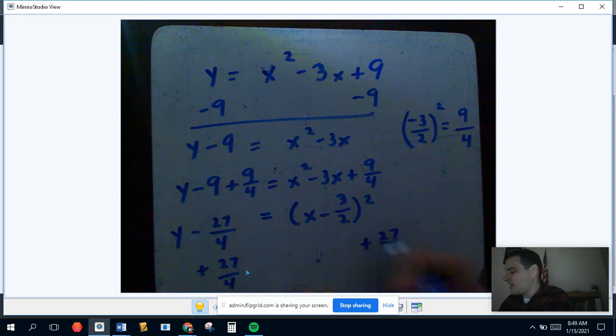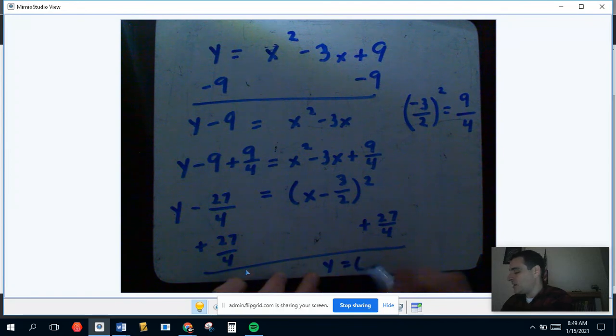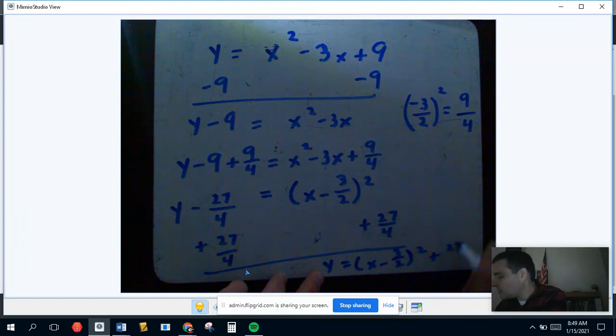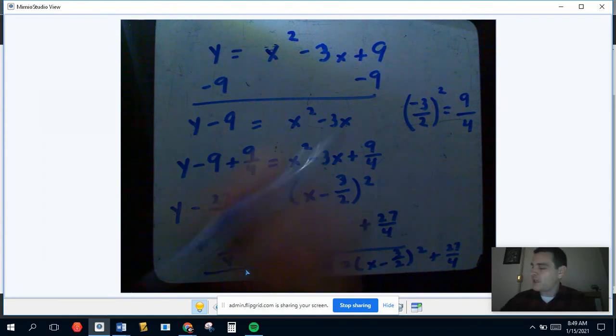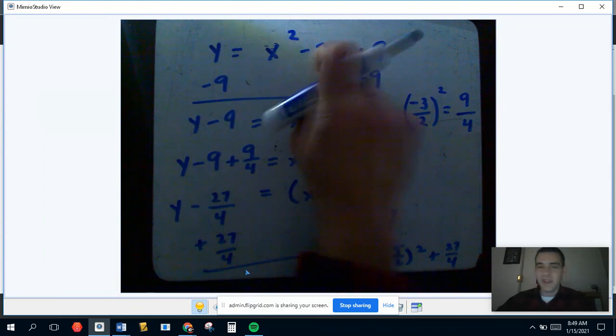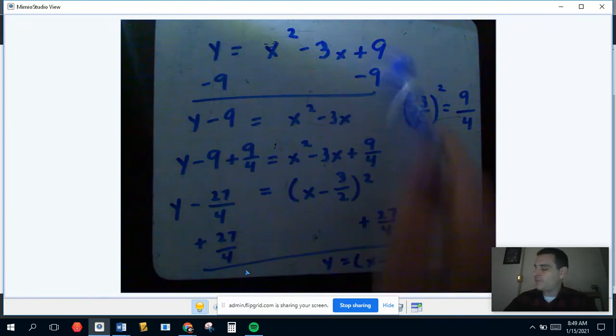I did that wrong in my head. If you add that, your final answer is going to be kind of a mess. And you could have decimals in here. It wouldn't be a tragedy to have decimals, but that's probably the way you'll see it written. Most of what we'll do does have a leading coefficient of 1 and an even one there, thankfully. But that's how I switch from standard form to vertex form.